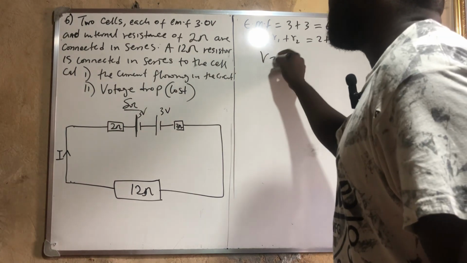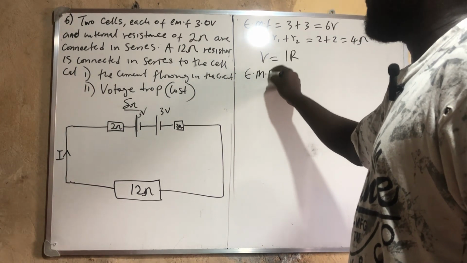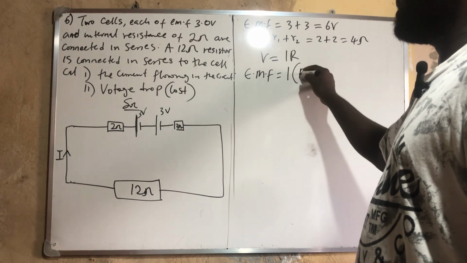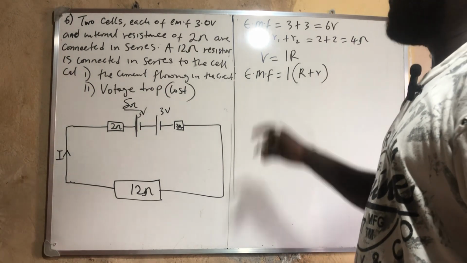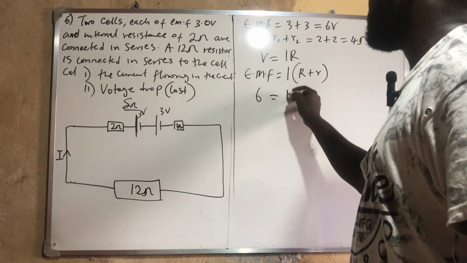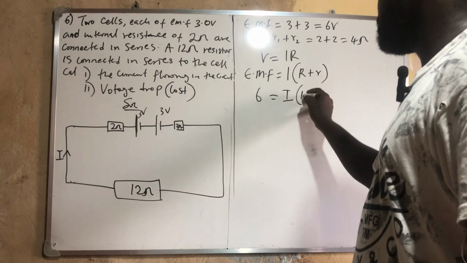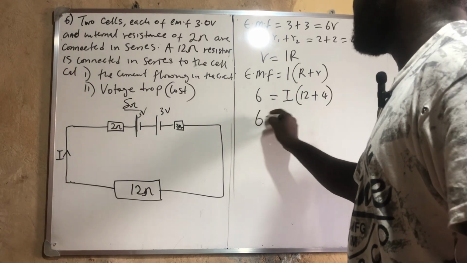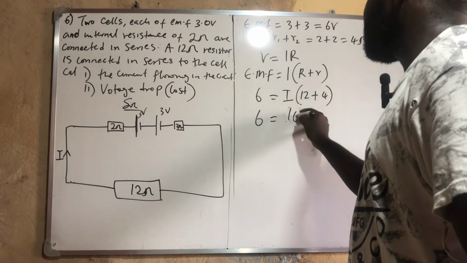Then I can now calculate my current. I know that V is equal to IR, but I'm not using V here. I'm going to use EMF is equal to I, and I'm not using big R alone. It should be big R plus small r. So my EMF 6 is equal to I in bracket of the big one, 12, plus the small one, 4. So 6 is equal to 16I.